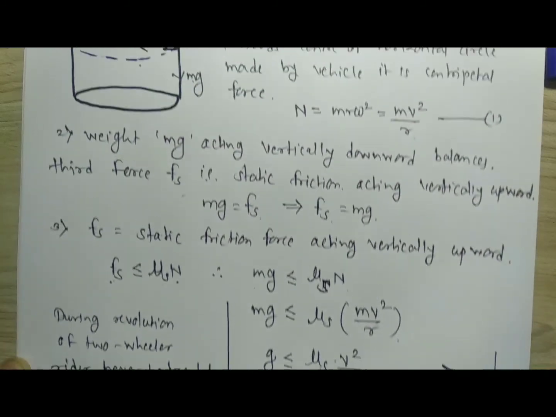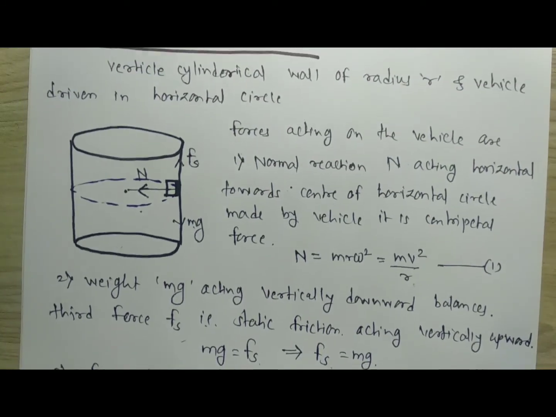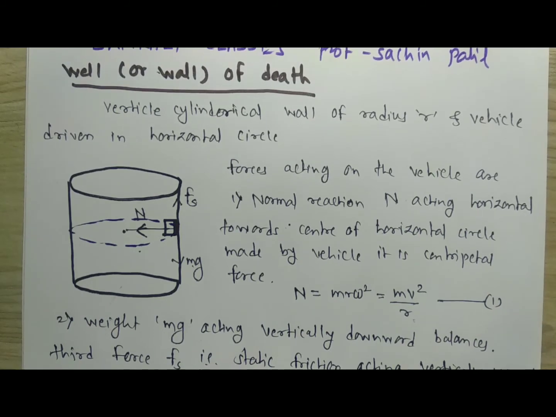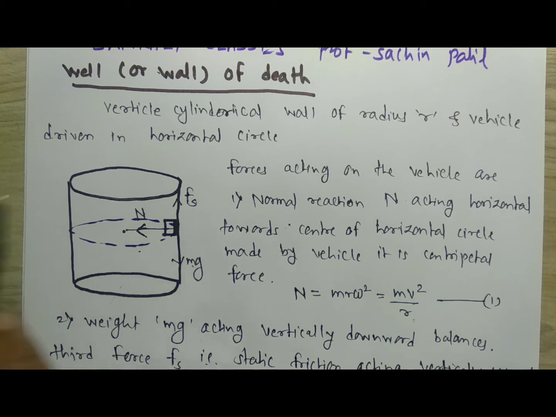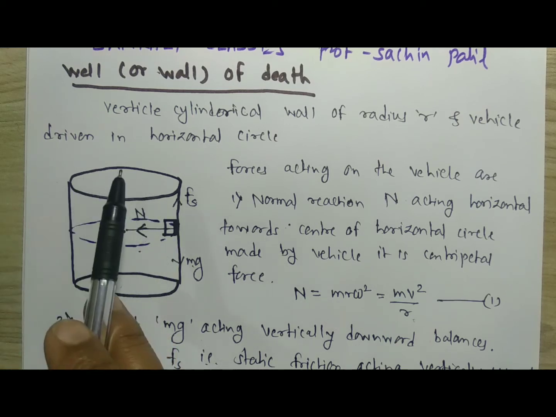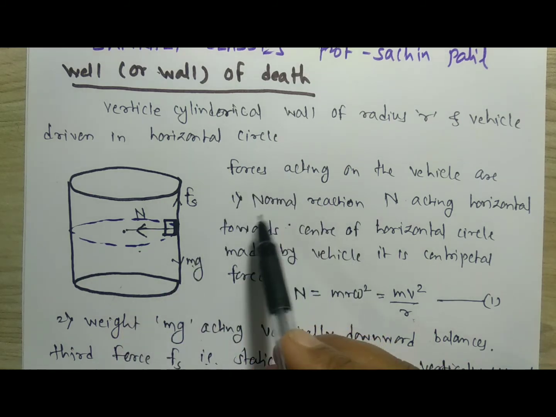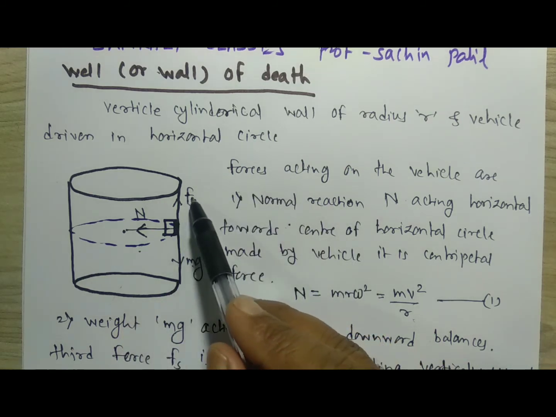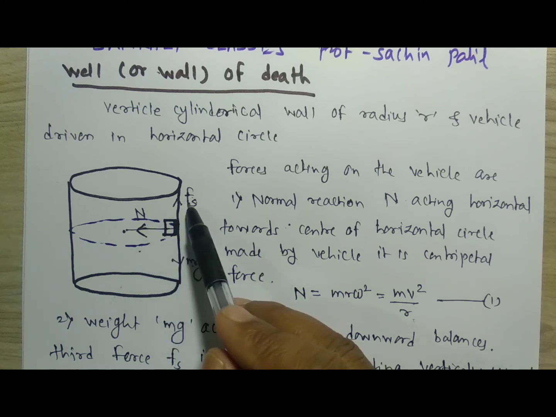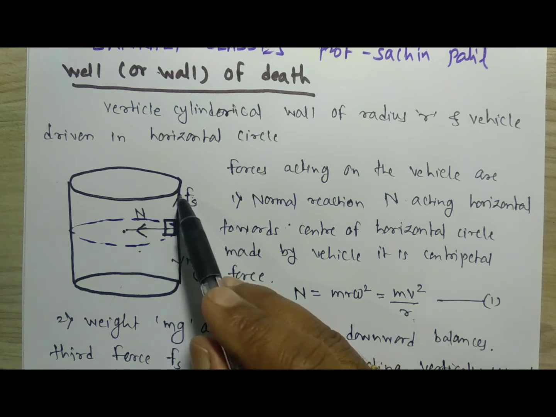By using this, we consider a vertical cylindrical wall of radius r and a vehicle driven in a horizontal circle. This is nothing but a well or wall of death, and inside this there are three forces acting on the vehicle: Fs, mg and n. Fs is a frictional force which is acting vertically upward.